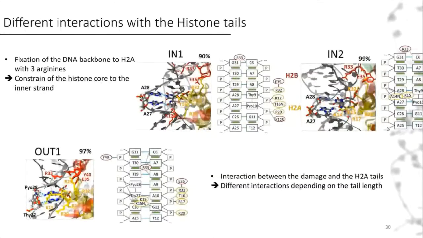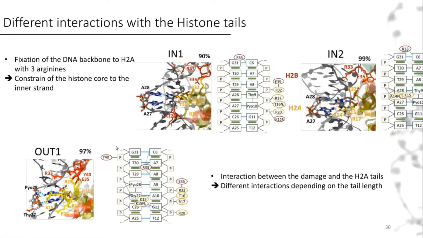From cluster analysis, we observe only one cluster for the two inner positions and for one of the out positions. The common thing is the fixation of the DNA at this point by 3 arginines from H2A: arginine 32, arginine 17, and arginine 20.